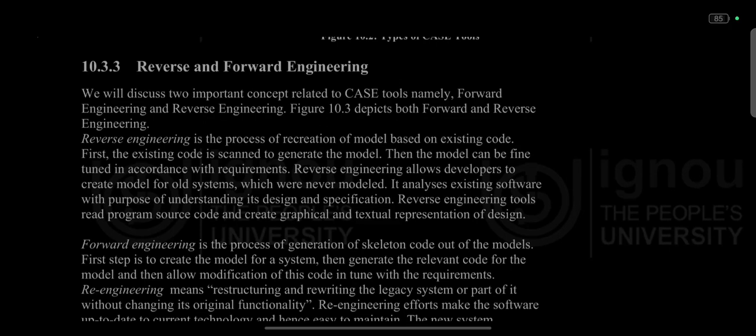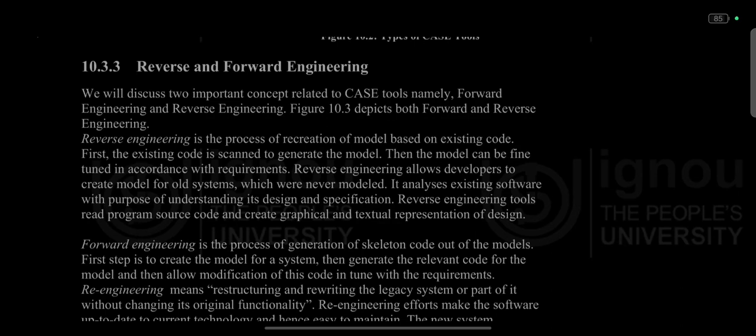Forward engineering is a process of generation of skeleton code out of the models. First step is to create the model for a system, then generate the relevant code for the model, and then allow modification of this code in tune with the requirements.